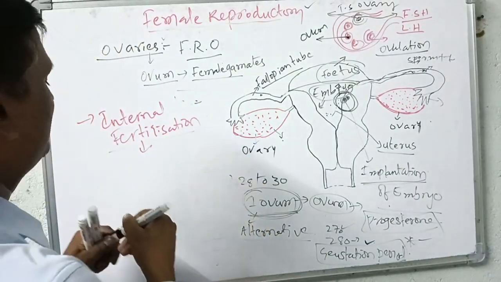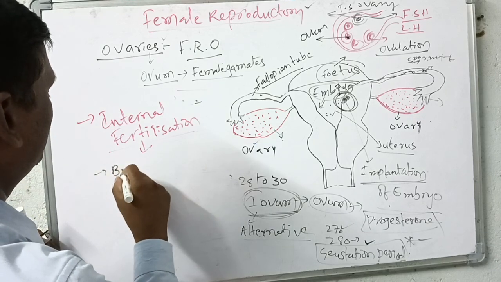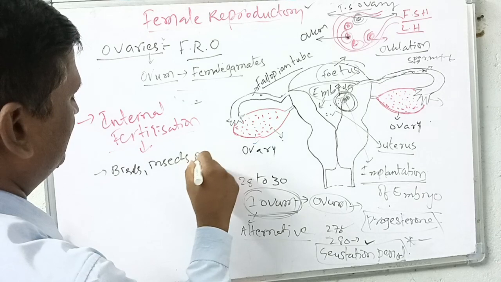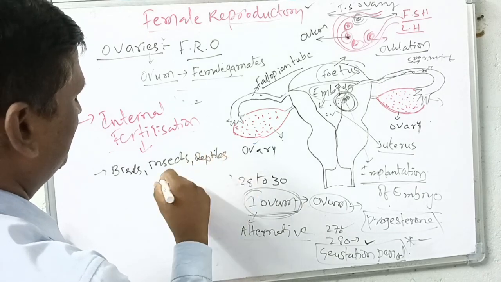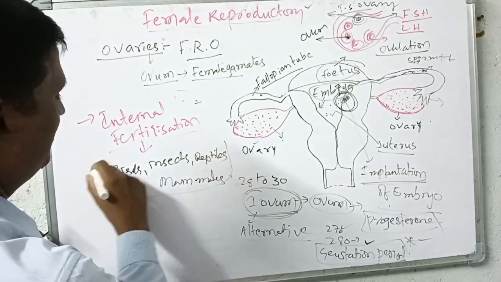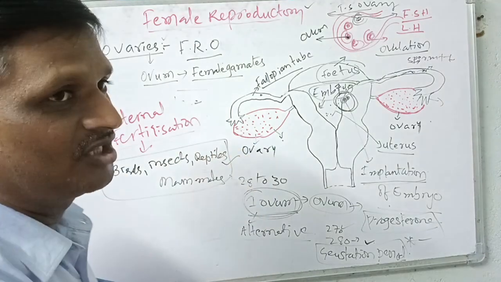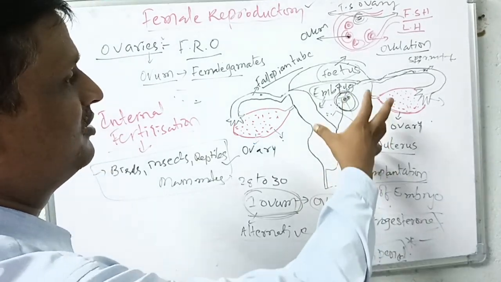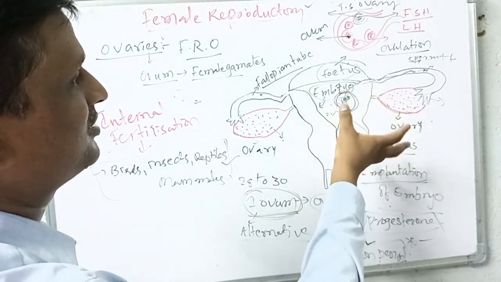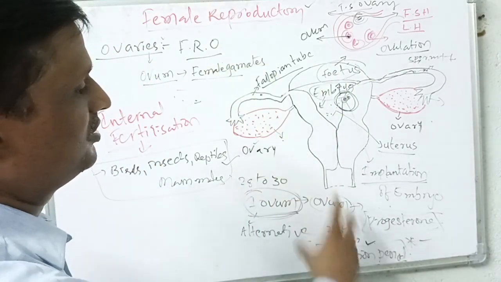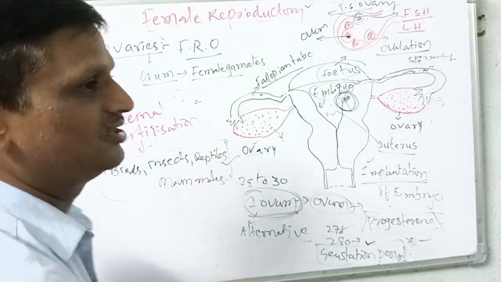This can also be seen in birds, insects, reptiles, and mammals. These are the different types of animals that may have internal fertilization. Internal fertilization means the fusing of male and female gametes occurs inside the body. So this is an example of internal fertilization.